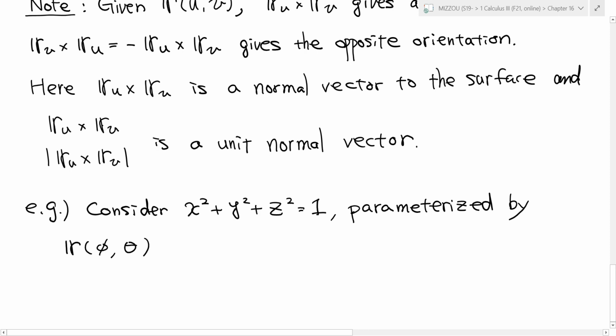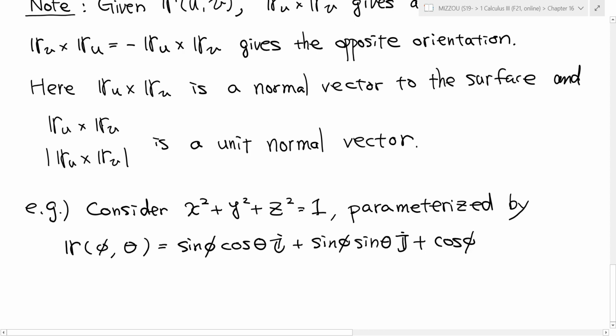So instead of u, v, we use phi, theta. It doesn't really matter that much. And using spherical coordinates with radius 1, we get r = sin phi cos theta i + sin phi sin theta j + cos phi k.